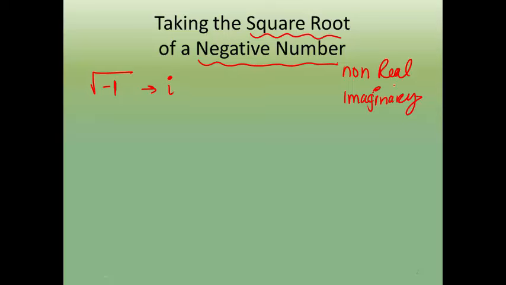If we use imaginary numbers, then we've really just resulted in taking the square root of a negative number. For example, if I take the square root of -5, we can separate this and make this the square root of -1 times the square root of 5. The square root of -1 is i, and the square root of 5 is still irrational. So the square root of -5 is i root 5.